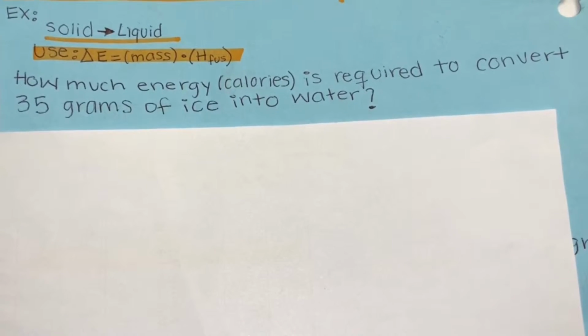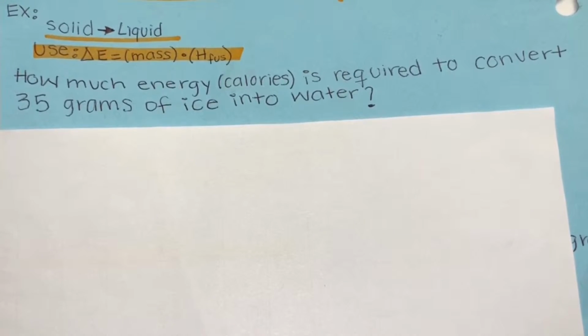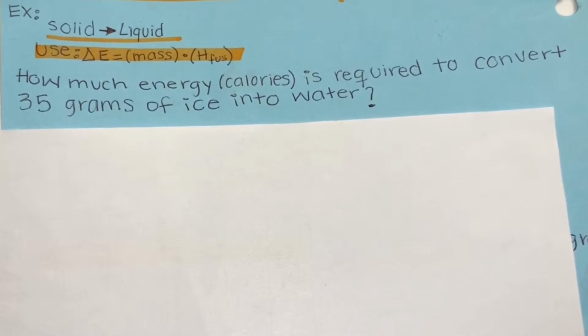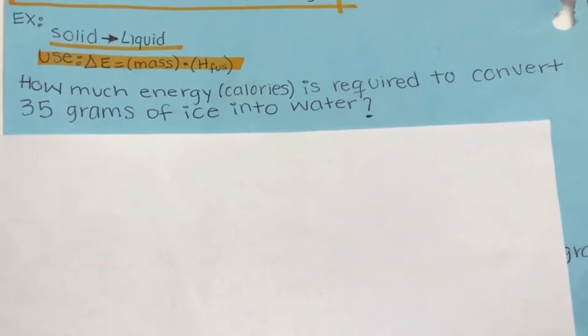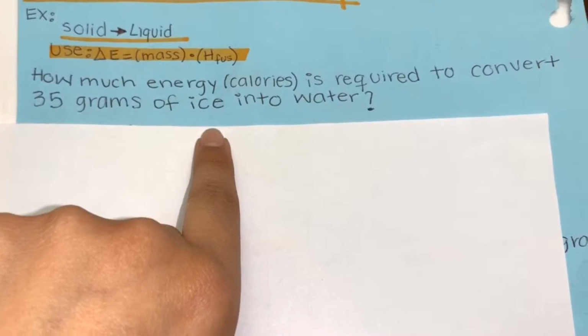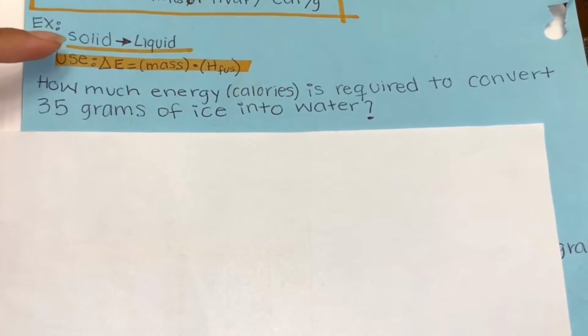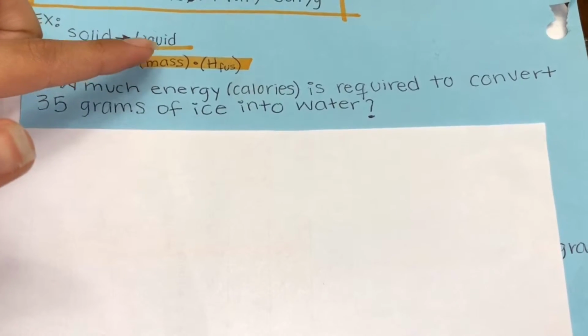The problem reads, how much energy in calories is required to convert 35 grams of ice into water? So here we are going from ice, solid, to water, liquid. So you go from solid to liquid.